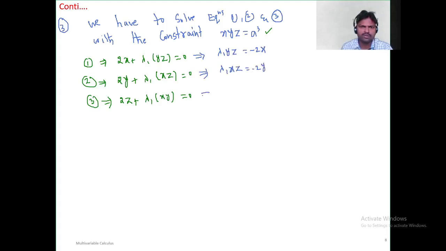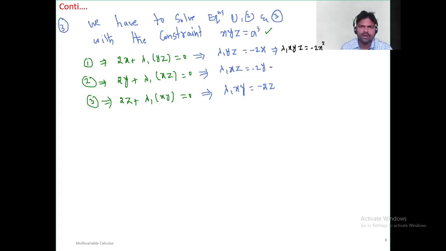And from this, λ1 into xy is how much? Minus 2z. To elaborate more, from this, λ1 into xyz, simply I am multiplying both sides with x, so minus 2x square.